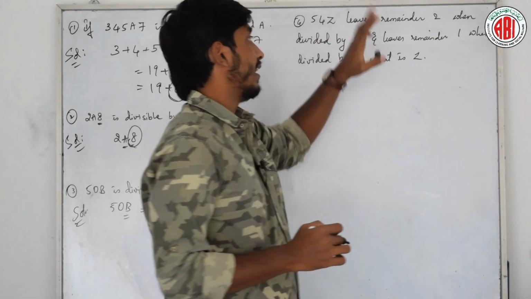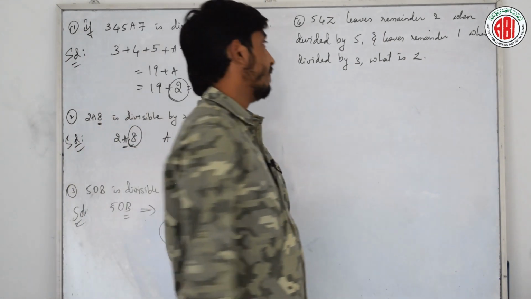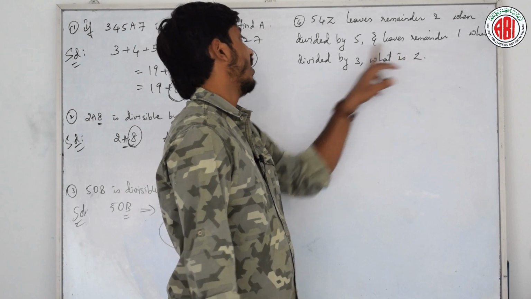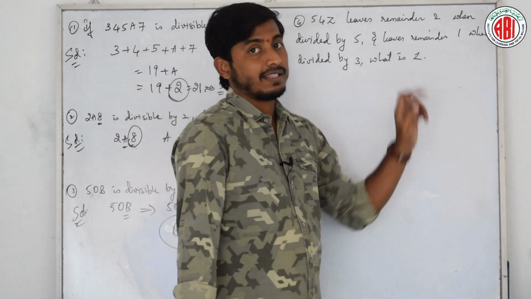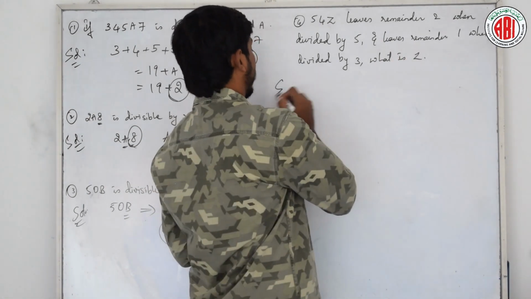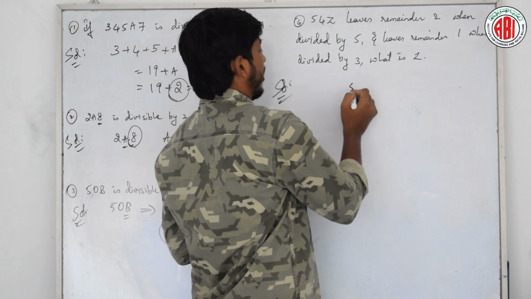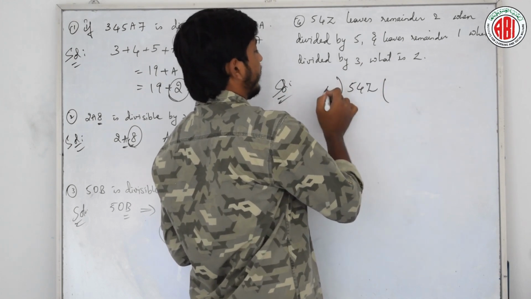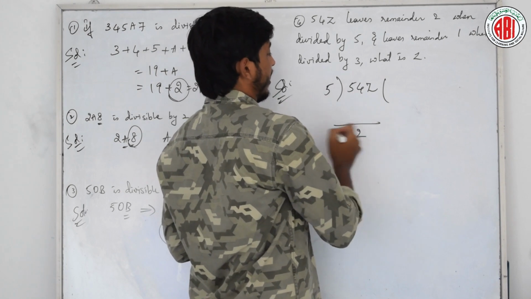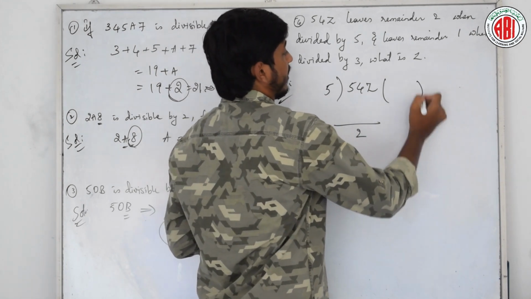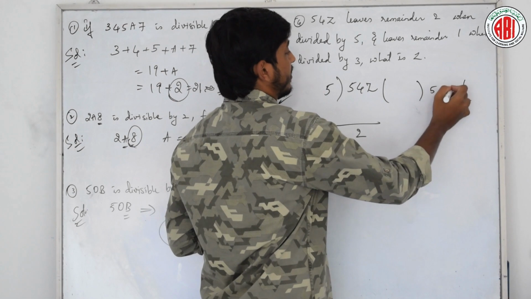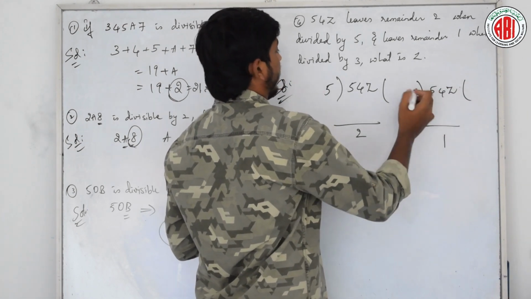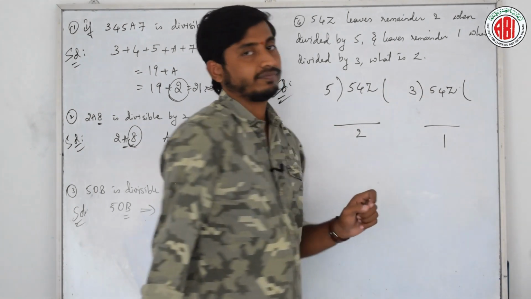Next, see here. 54Z leaves a remainder 2 when divided by 5 and leaves a remainder 1 when divided by 3. What is Z? Just write 54Z. He is telling that when divided by 5 it leaves remainder 2. Next, 54Z leaves a remainder 1 when divided by 3.